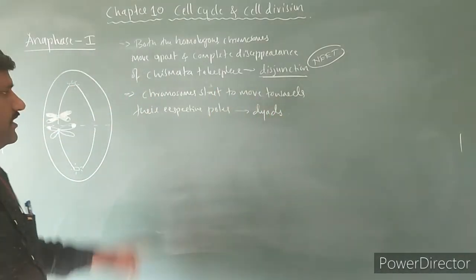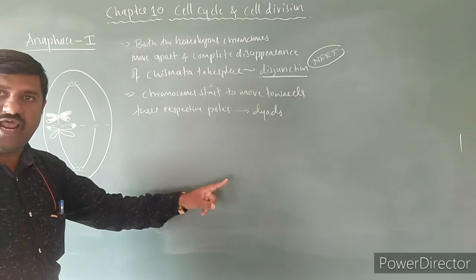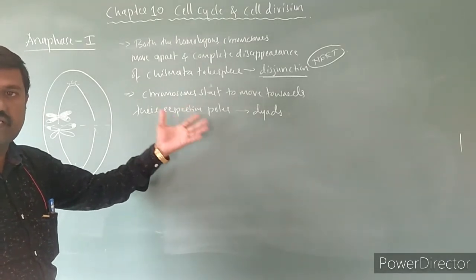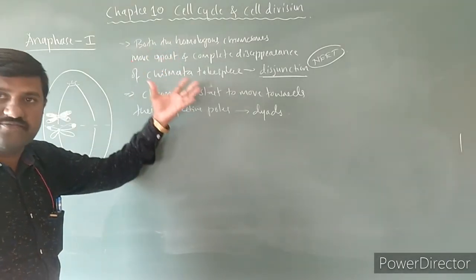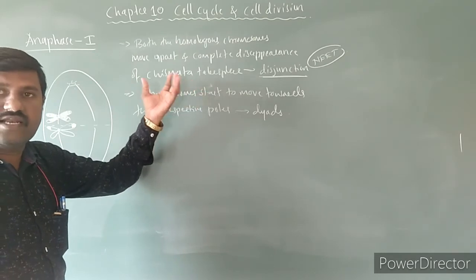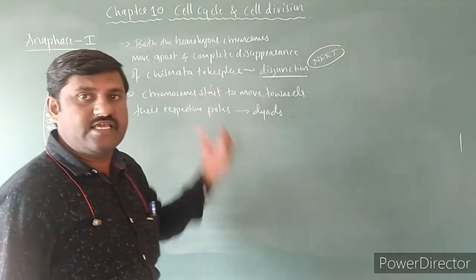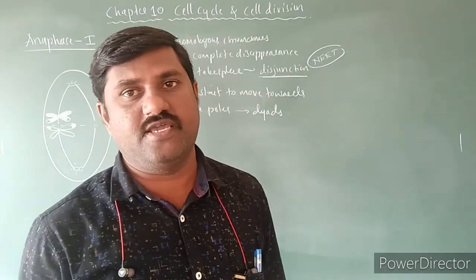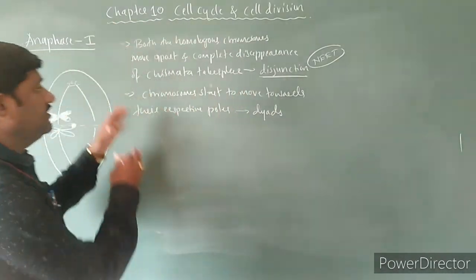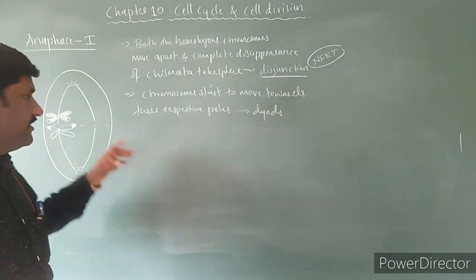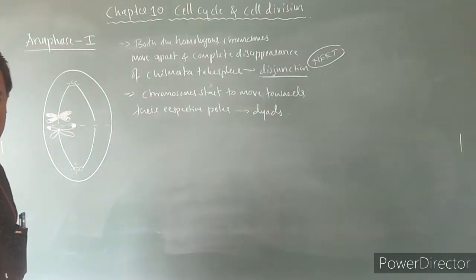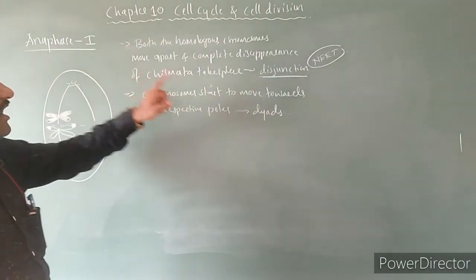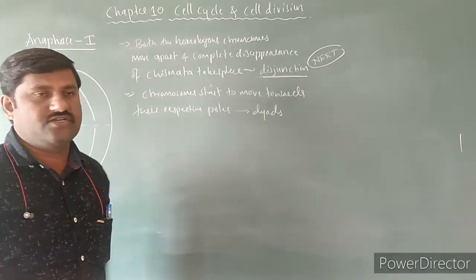What are they called? Dyads, not tetrads. Previously they were tetrads in metaphase 1, and there was gradual disappearance of the chiasmata. The complete separation of these two chromosomes takes place in anaphase 1, and that process is called disjunction.